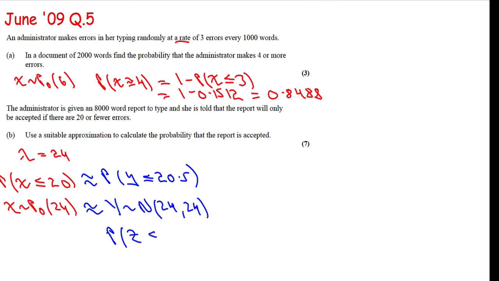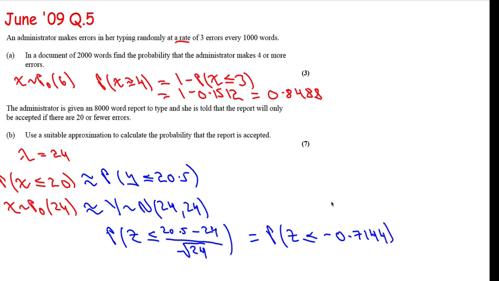Z is going to be less than or equal to x, or the particular value 20.5, minus mu 24, divided by the square root of 24, which is equal to the probability that z is less than or equal to, putting that into the calculator, minus 0.7144.